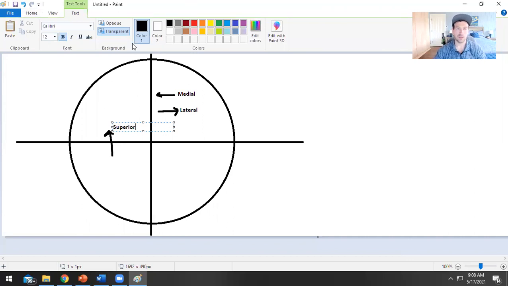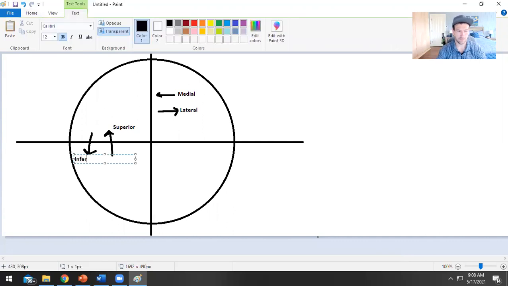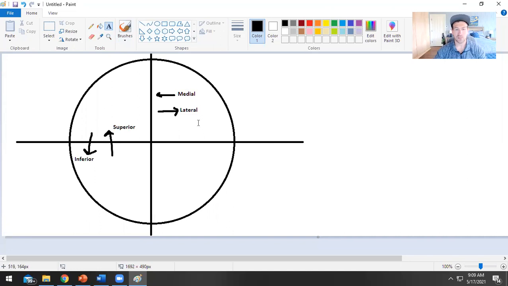And if we were below that line, we would consider that inferior. So that's medial, lateral, superior, inferior. You'll notice these only move horizontally if it's medial, lateral, or vertically if it's superior, inferior, right? But proximal and distal are kind of special.